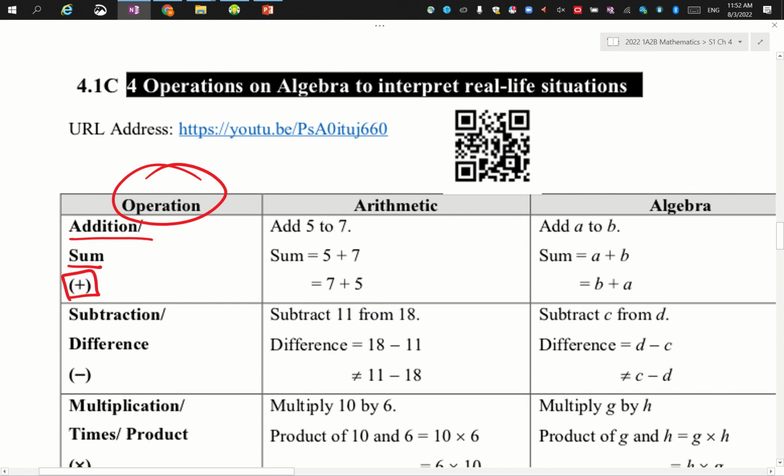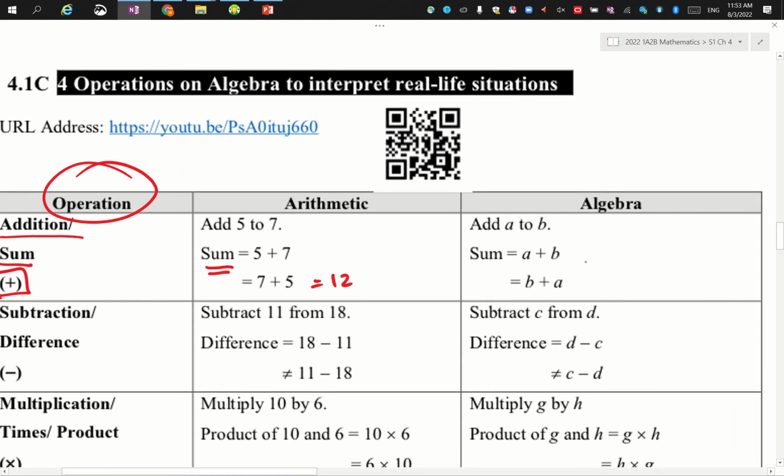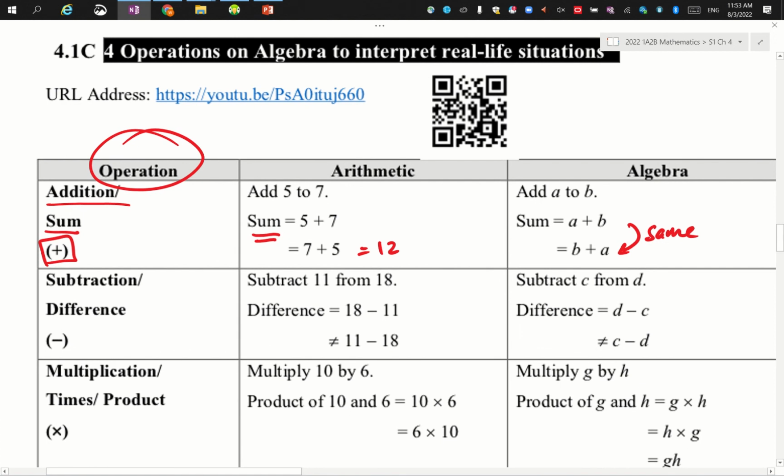So when we say add 5 to 7, we say that the sum is 5 plus 7, which is the same as 7 plus 5, and in this case we get 12. Now what about in algebra? When I try to add A to B, I am trying to get you to do A plus B, which is the same as B plus A. Whether you want to write A plus B, B plus A, nobody cares because they are the same thing. Whether you want to write 2 plus 3 or 3 plus 2, nobody cares because it is equal to 5.